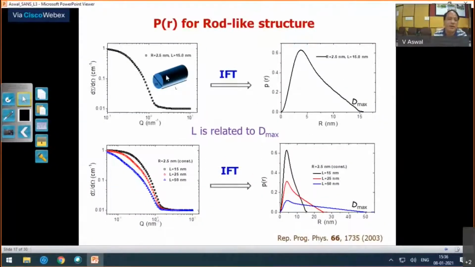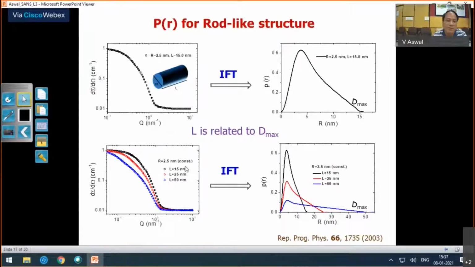And in the case of rod-like particles, your P of R is asymmetric. And again, the maximum dimension is the length, so your Dmax is related to the length of the cylinder.